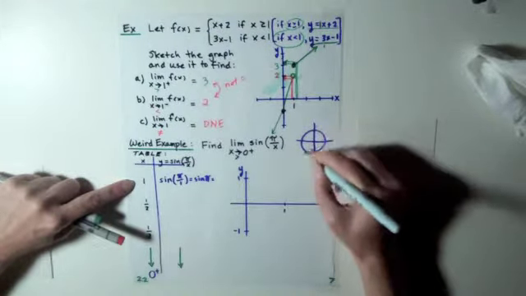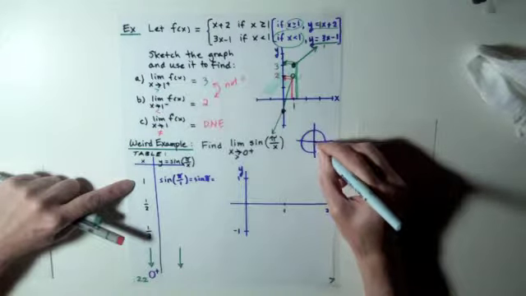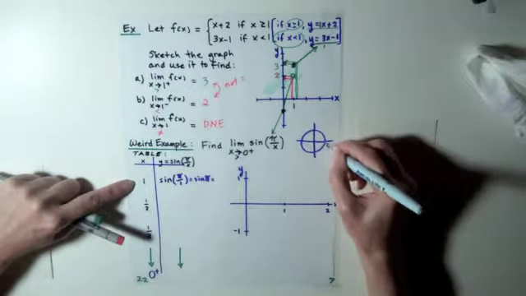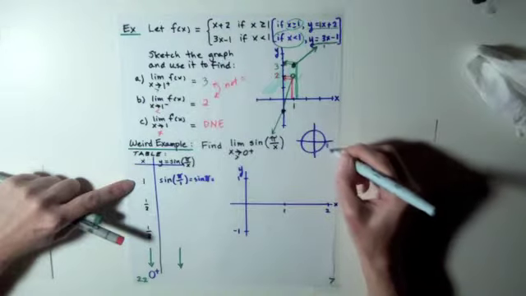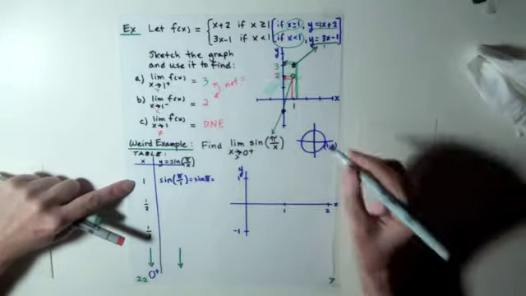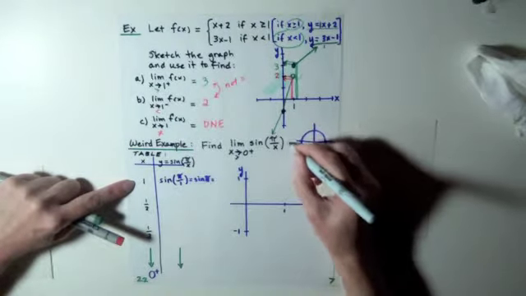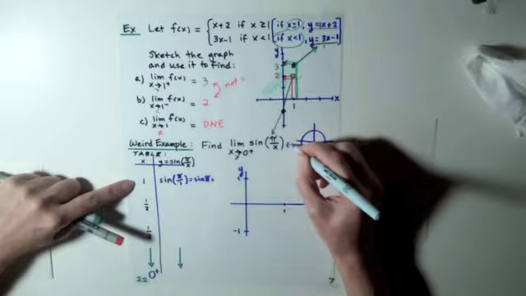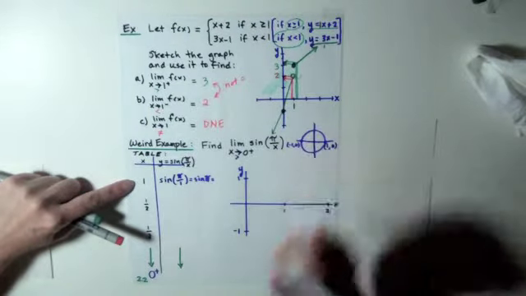Remember, the unit circle is a circle that is centered at the origin and has radius equal to 1. So this point right here would be the point (1, 0) on the right on the x-axis. This would be the point (-1, 0).